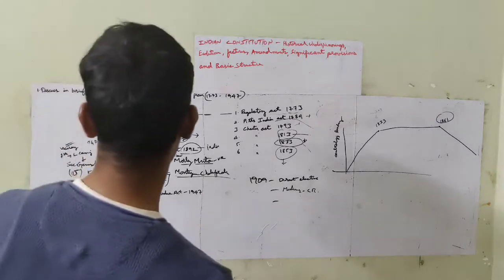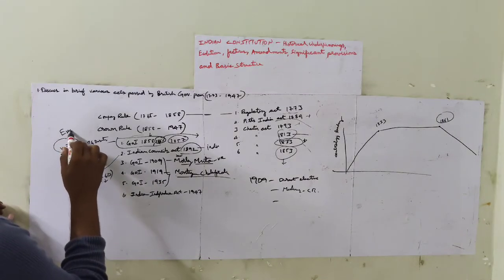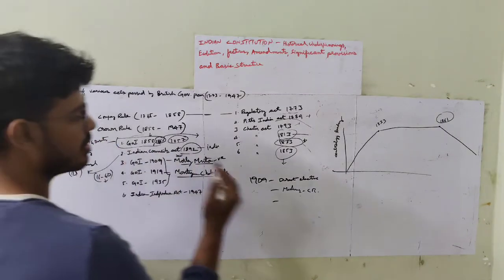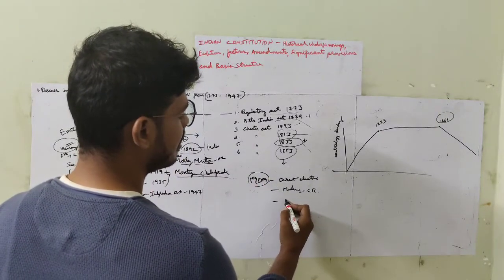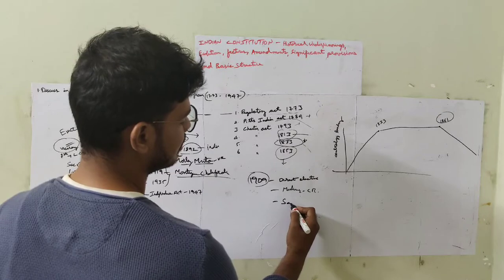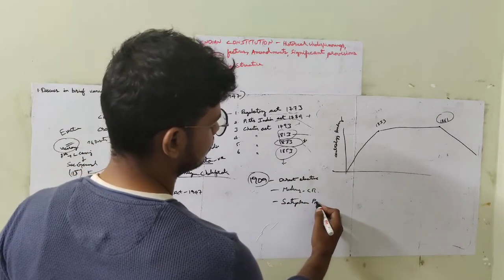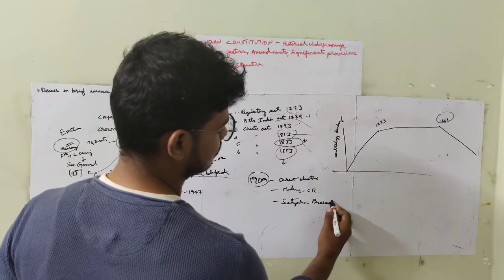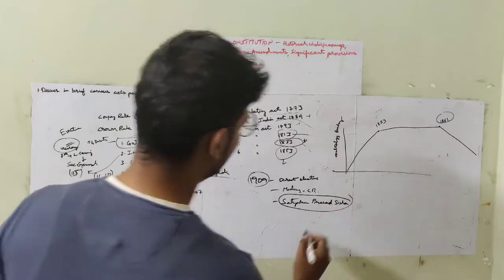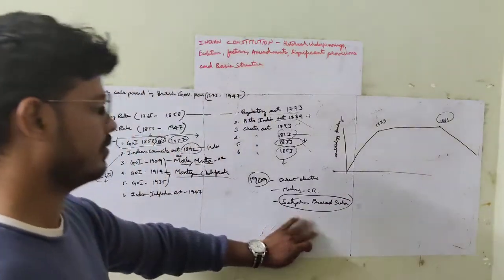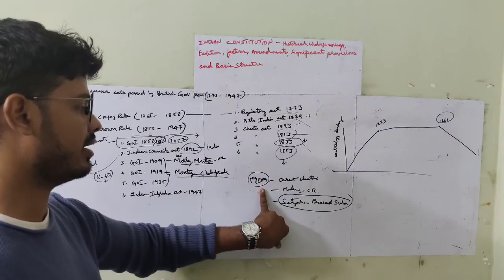There was an executive council, as I have said. So in this executive council, Indians were allowed through the 1909 Act, and Satyendra Prasad Sinha was the first law member in the Viceroy's Executive Council. This was done through the 1909 Act.